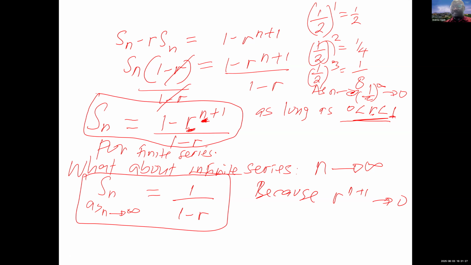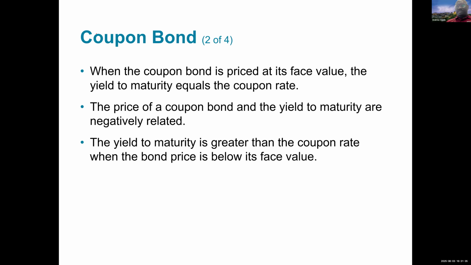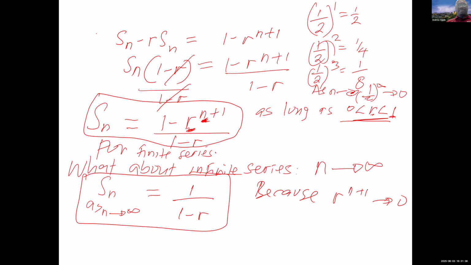Remember, I already said that, let's pull the formula for the loan value. We say that the loan value, or the present value of a fixed payment loan, we summarize that.